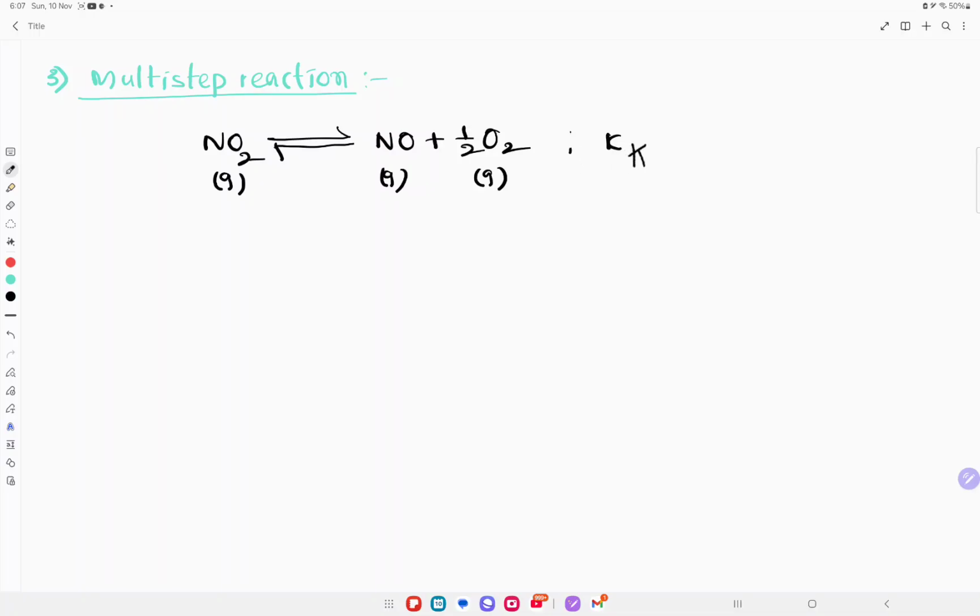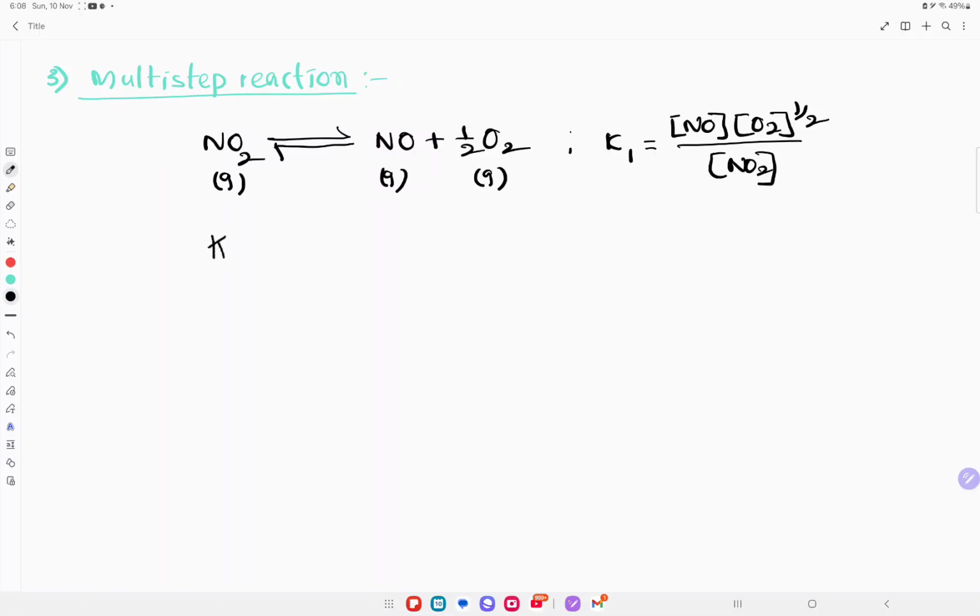For this, K1 is equal to what? Molar concentration of NO into molar concentration of O2 power 1 by 2 by molar concentration of NO2.